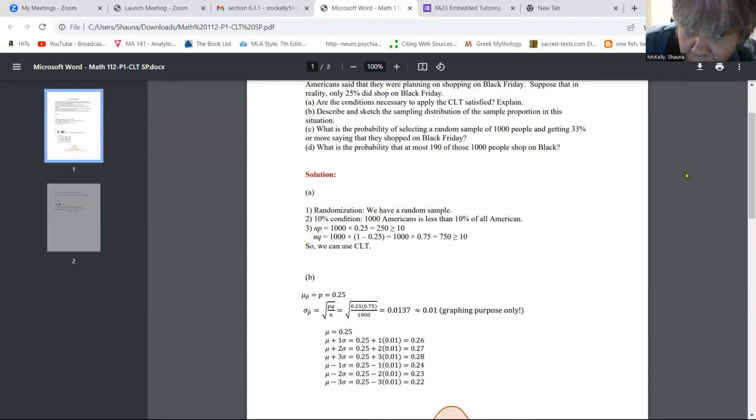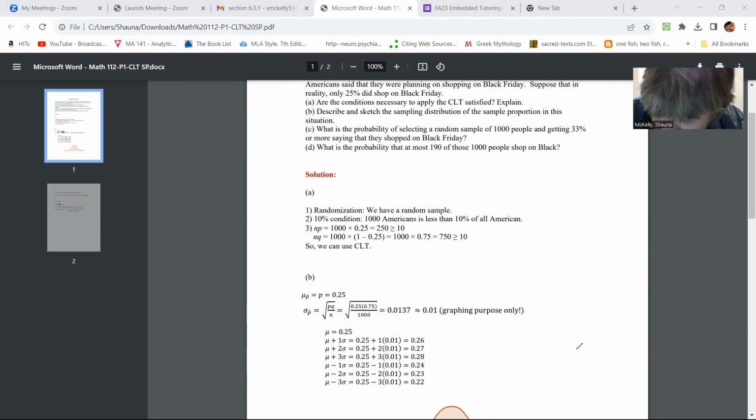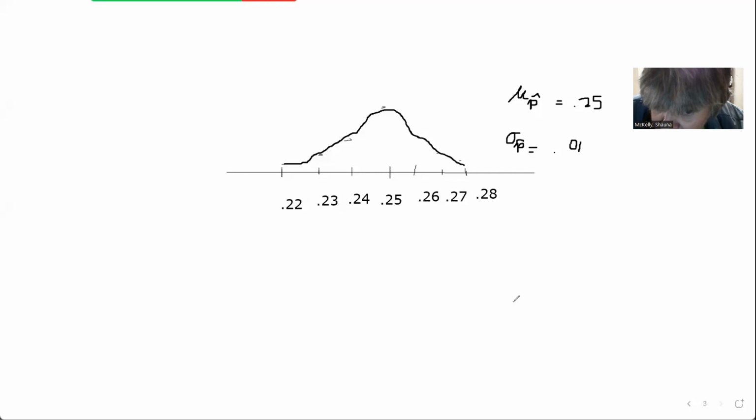So what we have to do here is for part C. This is part B. Part C, we're looking at 0.33.